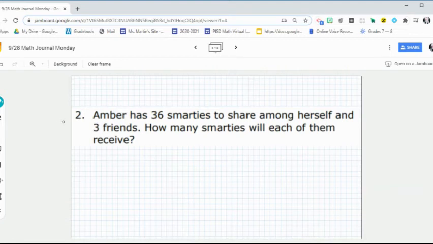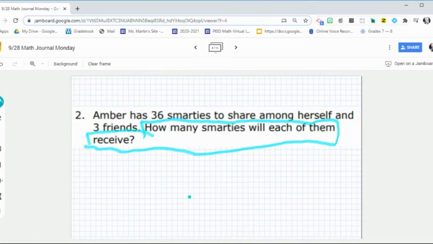Remember, oftentimes, not always, but oftentimes our question will begin with a questioning word and end in a question mark. So this is our question. How many Smarties will each of them get? There's our question.